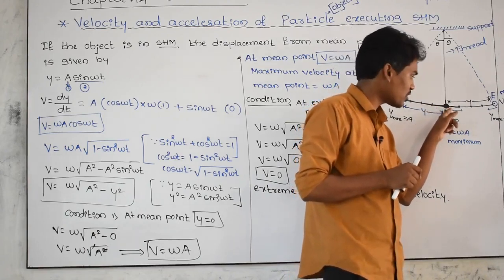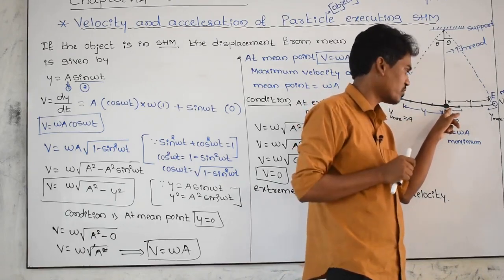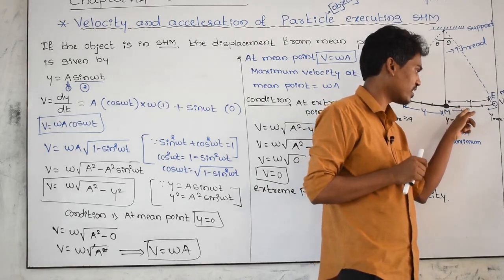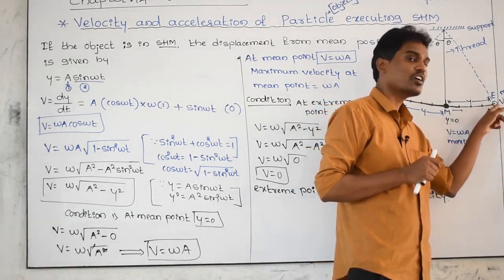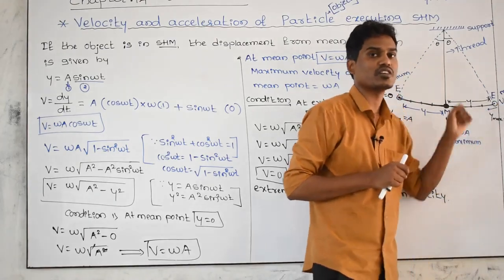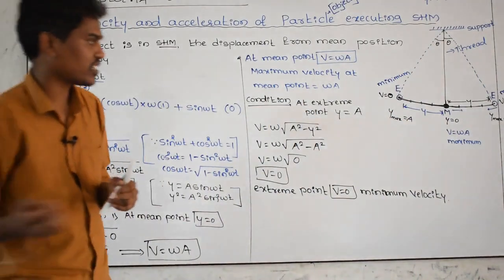And once the object crosses the mean position, velocity goes on decreasing. When the object reaches this point, velocity again becomes maximum.